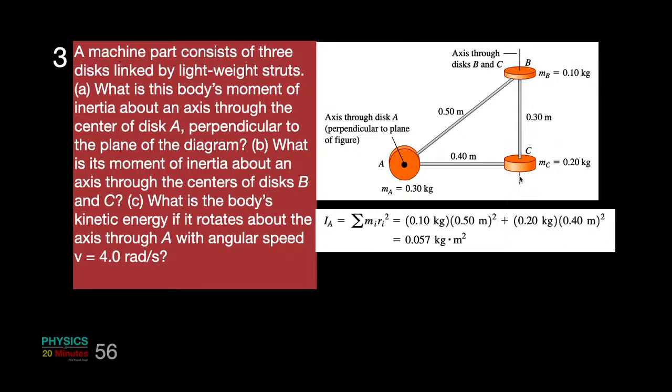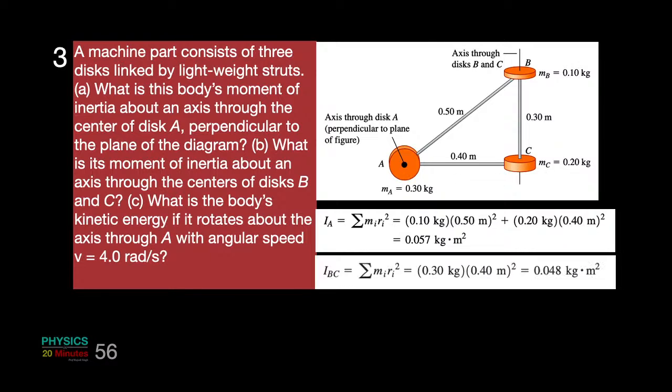Their own moment of inertia will be neglected, it will be 0. And you will consider only the moment of inertia of A, which is at a distance of 0.4 meter here. So mr square will involve only one term and it will be 0.048 kg meter square.